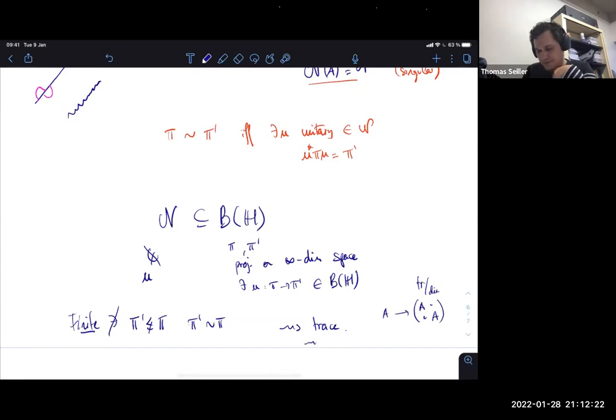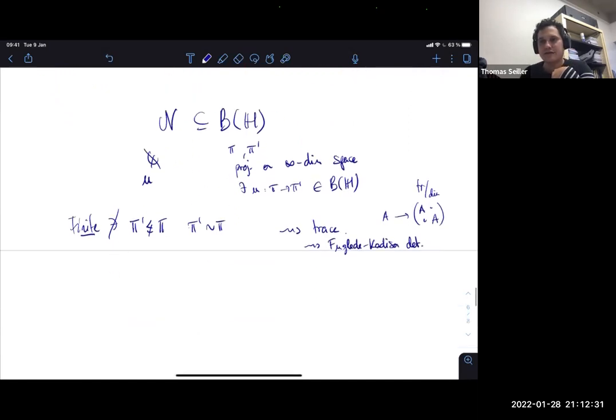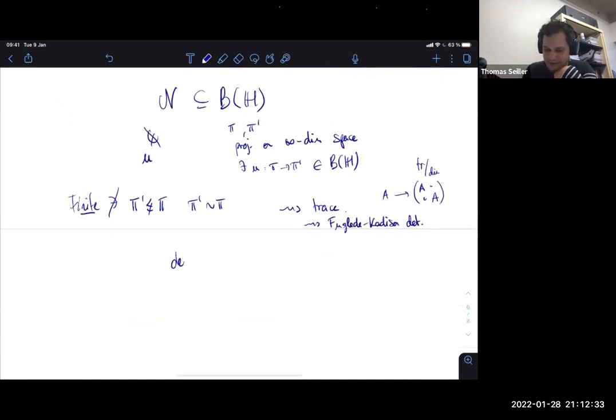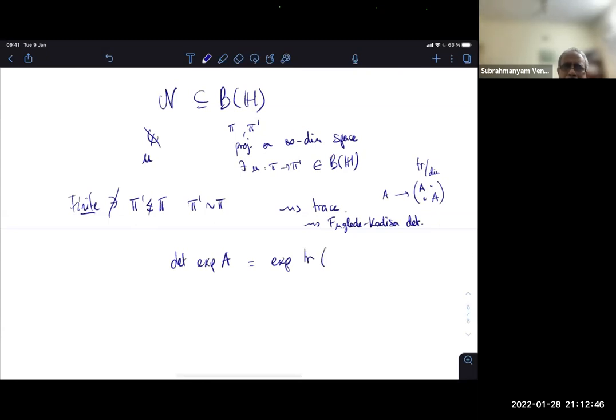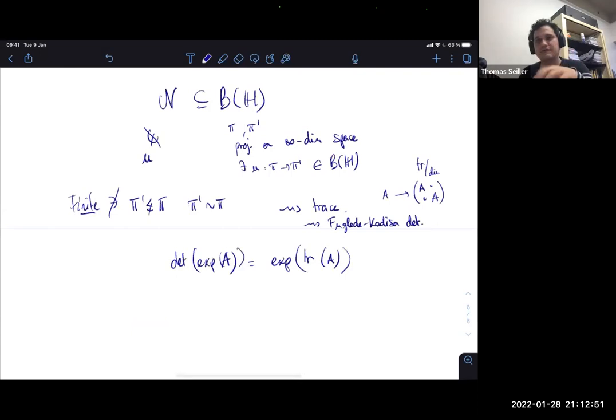And from the trace, you can define something called the Fuglede-Kadison determinant. And this is based on the idea that if you take the determinant of the exponential of A, then this is the exponential of the trace of A. Right, so you can see this easily on diagonal matrices.